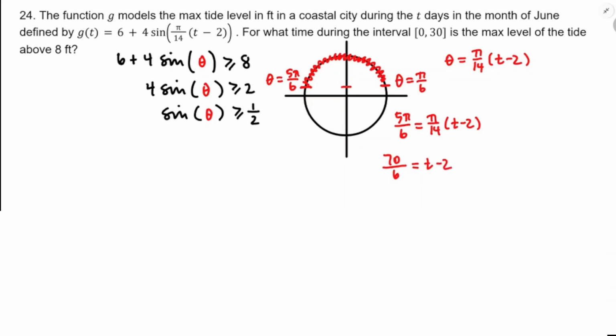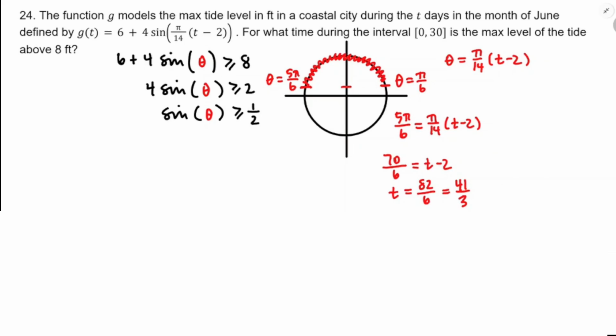Well, I can make that 35 over 3. Either way, I don't think there's a whole lot I can do. I'm going to have t equals, add 12 over 6 to both sides. That would be 82 over 6. But you know, this is AP Precalculus, so we do have to simplify our answers. That'll be 41/3. Okay, that's one of them.